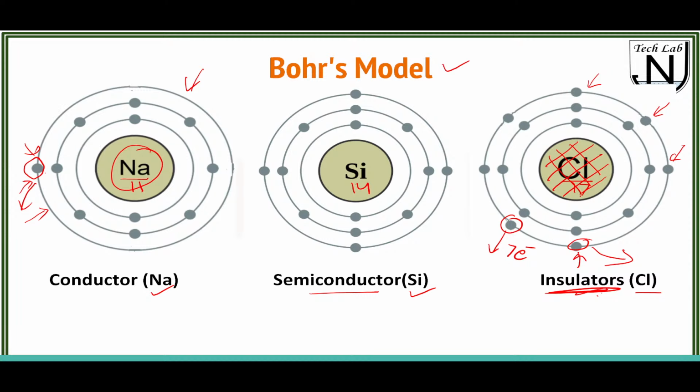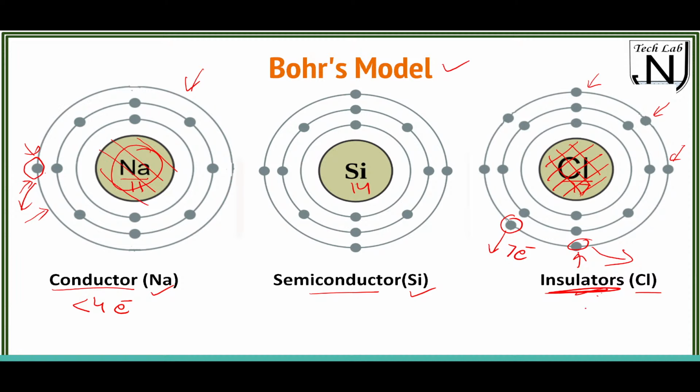Now if we talk about a conductor, any element that has less than 4 electrons in the outermost shell forms a conductor. Less than 4 means that the atom can have 1 electron, 2 electrons, or 3 electrons, right? And in all these 3 cases, the electrons are quite free and they can easily detach themselves from the nucleus, right?